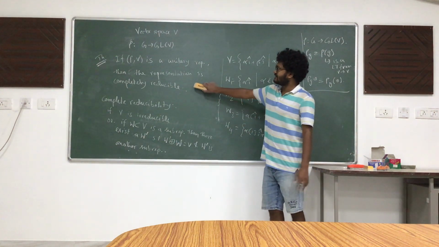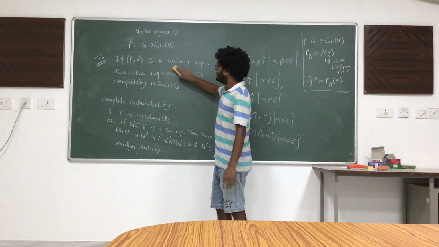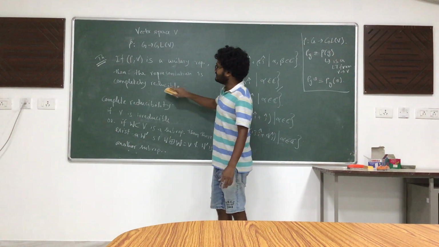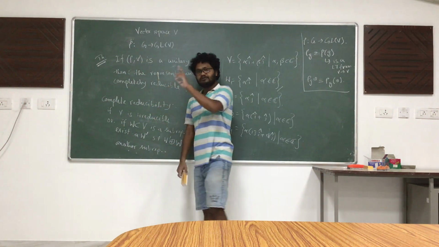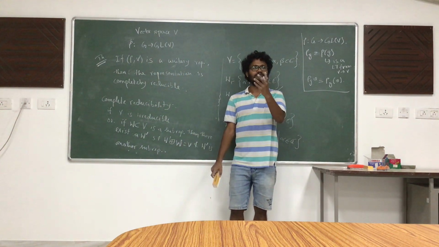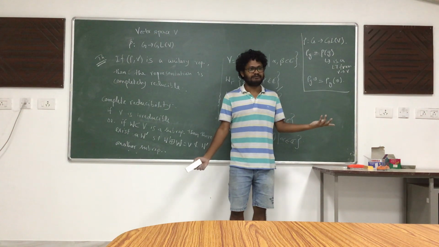So the theorem says that if rho V is a unitary representation, then it is completely reducible. That means either this is irreducible, or we can break V into two or more pieces of irreducible representations.